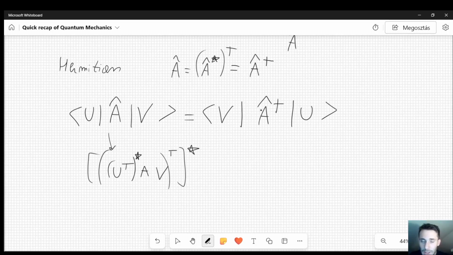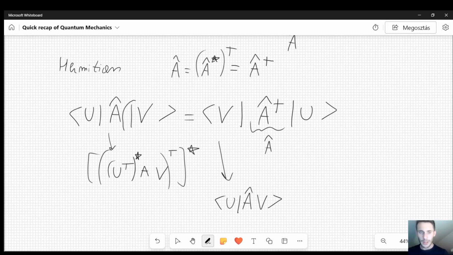And since A dagger is equal to A, here we can put A. So this means basically that if we have an inner product of the kind U, and then we have A acting on a certain vector V, which I can also denote like this without this bar, and this is just a simplification of the notation.